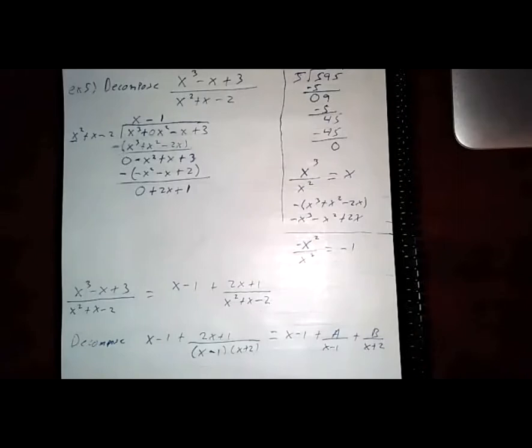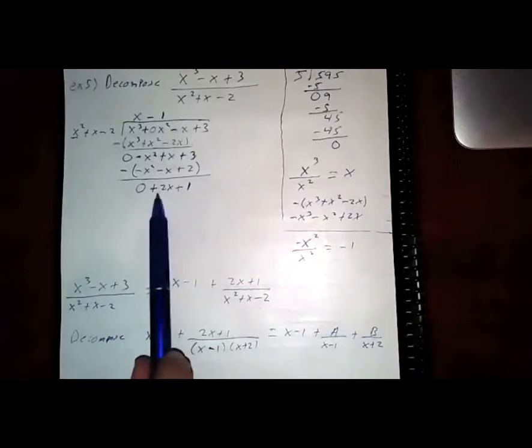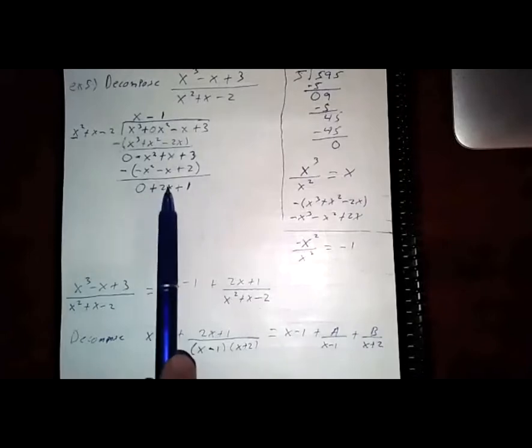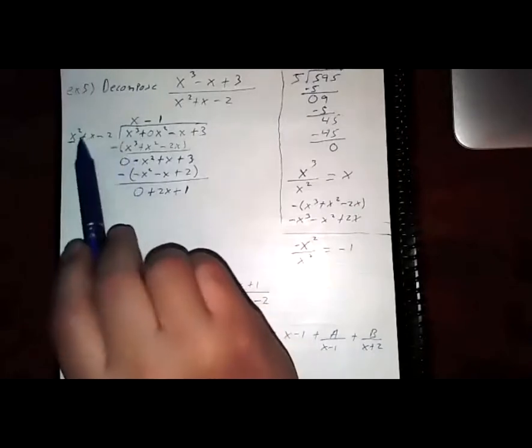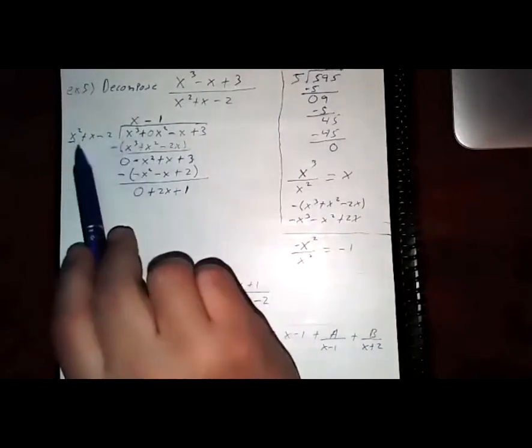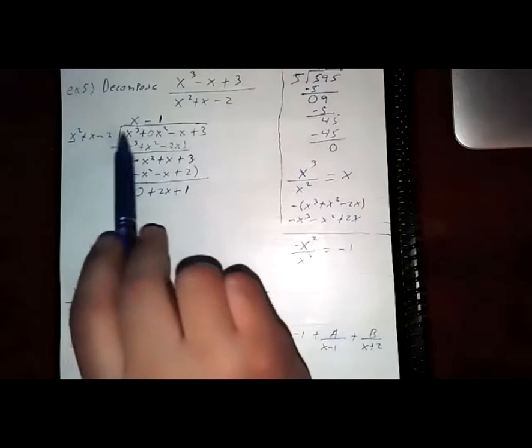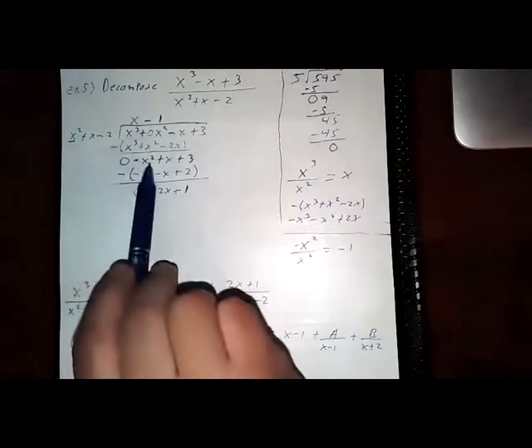Can you explain why, on the long division part, the x doesn't go into the 2x? It's because 2x is too small. See how when we first started, x cubed was bigger than x squared, right? And then over here we did it again. x squared and x squared are the same size, so those divide.